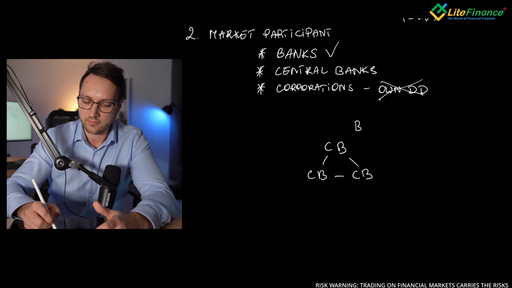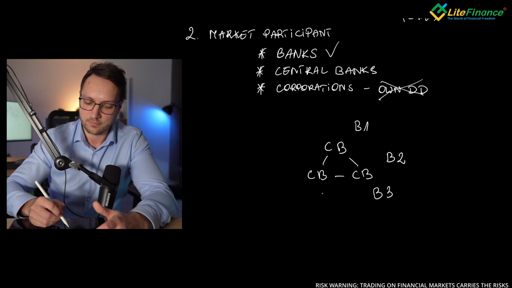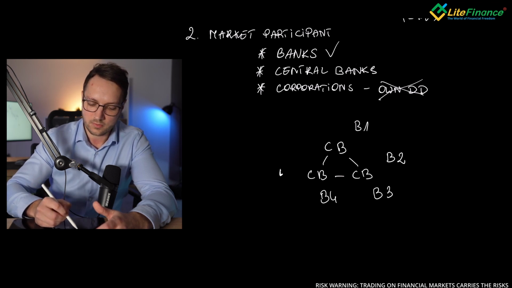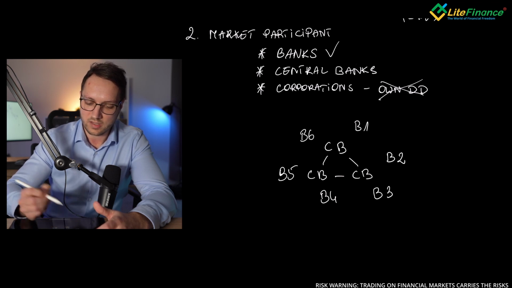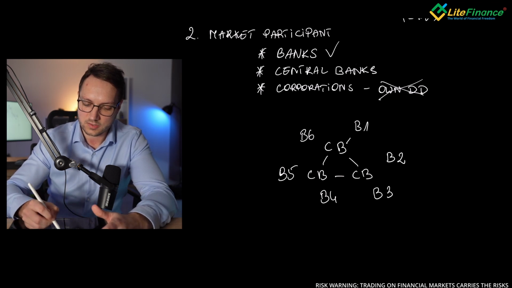Let's say we have bank number 1, bank number 2, bank number 3, bank number 4, bank number 5, and bank number 6. And they are exchanging currencies between central banks and between each other as well.